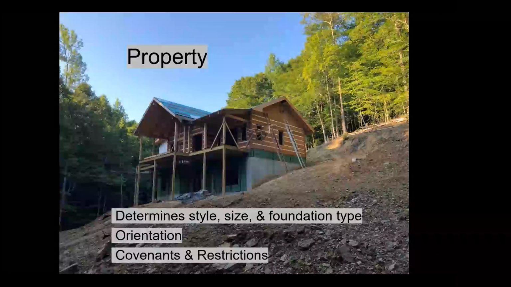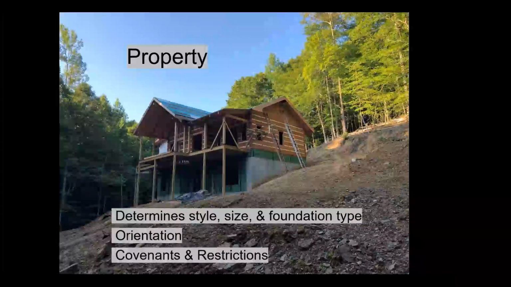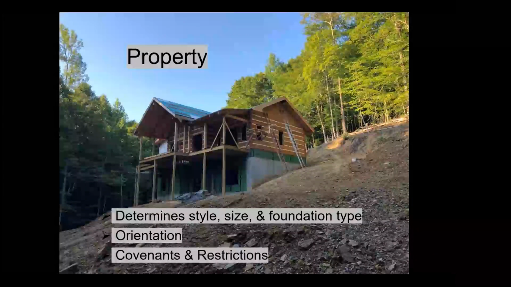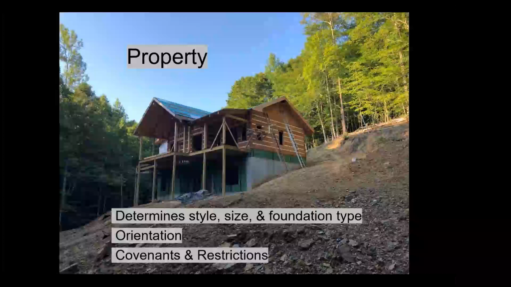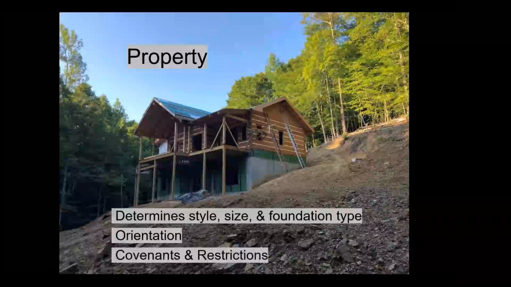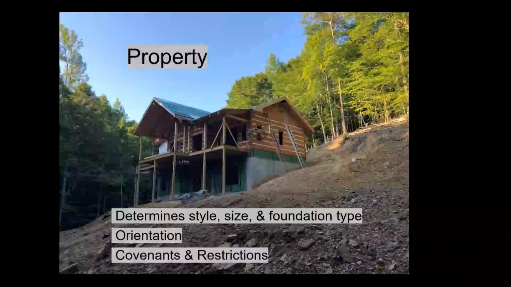Like the Cottonwood, for example, which is a home that's about 90 feet wide. If the front of your property is only 100 feet wide, by the time you factor in your setbacks, you can't fit that on your lot. You may have to run your driveway in from the side, or change the orientation of how you come into your home. So there's lots of things that your property is going to dictate for you.